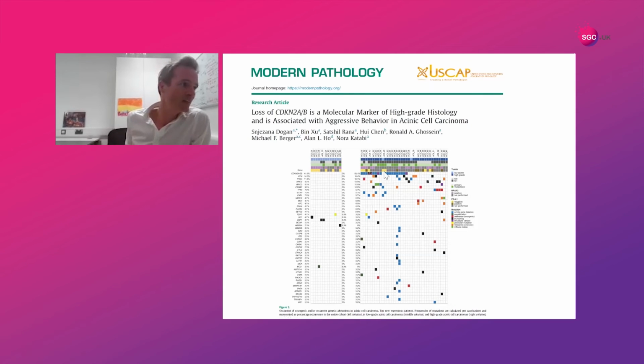It's not really known to be druggable. There are some drugs that target the target of P16. The target of P16 is a protein called CDK4 and CDK6, and CDK4/6 is normally suppressed by P16. So when this stops working, CDK4/6 is overactive. There are very commonly used drugs that inhibit CDK4/6. This is probably the biggest data set in acinic cell carcinoma.